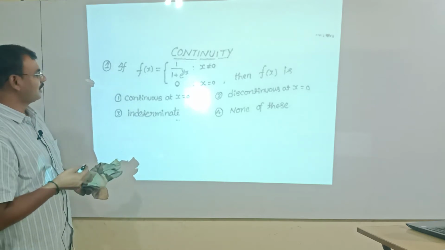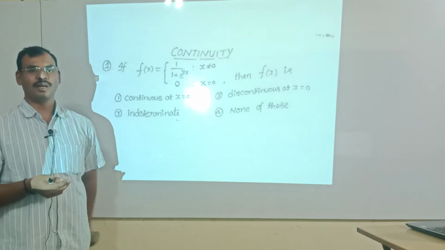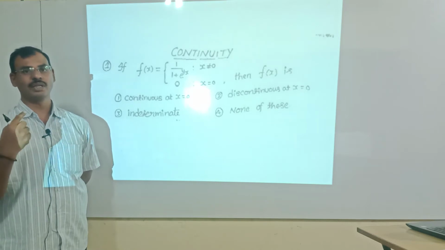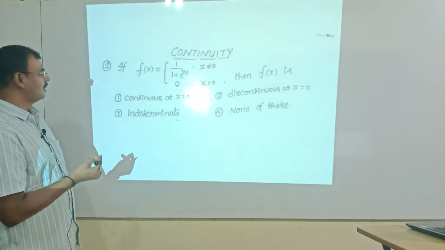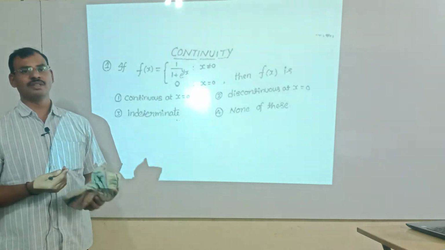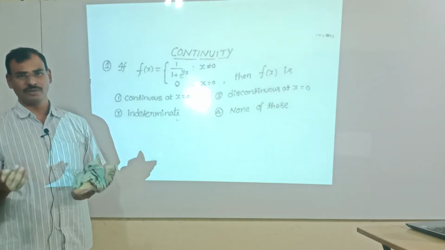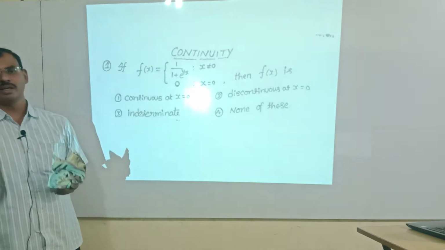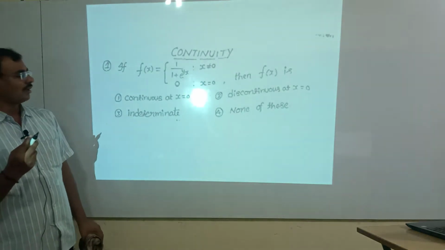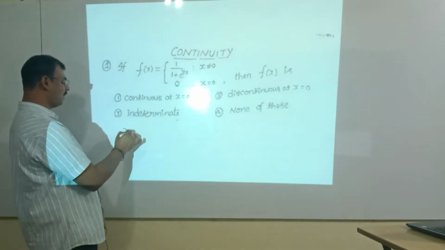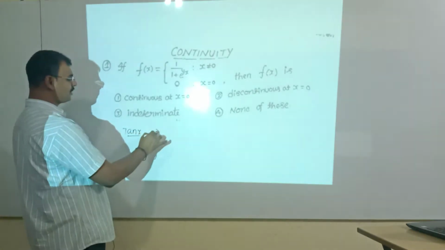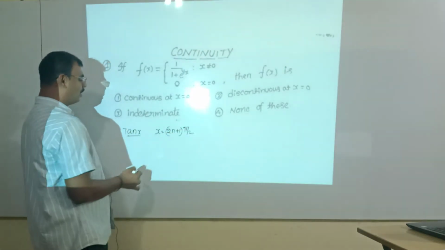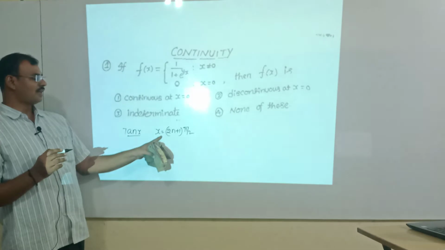Log x, the logarithmic function, is continuous on its domain. What is the domain of log x? Positive real numbers, so 0 to infinity. And the exponential function is continuous on its domain. Tan x is continuous on its domain only. The tan x graph is not defined at x is equal to (2n plus 1) pi by 2, so it is discontinuous at all these numbers.